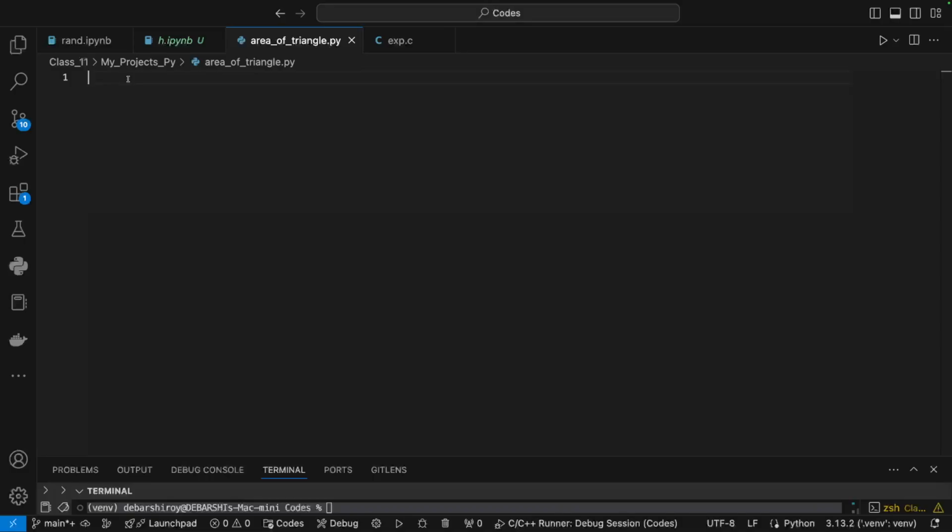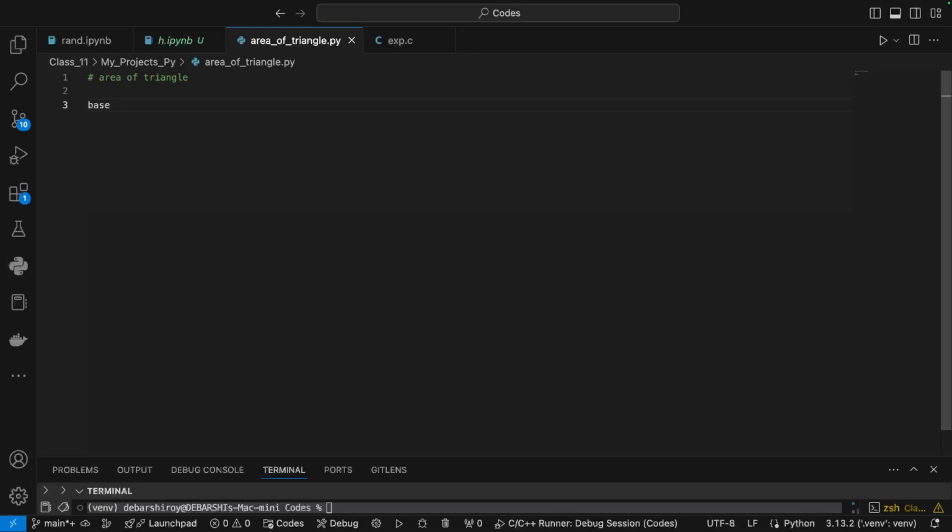Where I was telling you to first take the input breadth and height for the triangle and calculate the area, 1 by 2 multiplied by base multiplied by height. So, area of triangle, that is the problem statement.